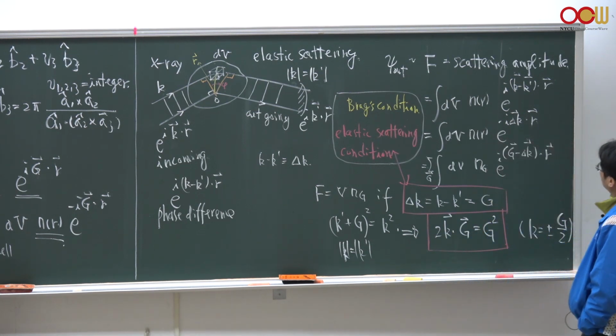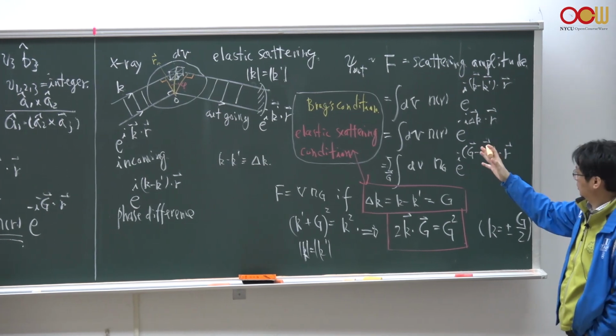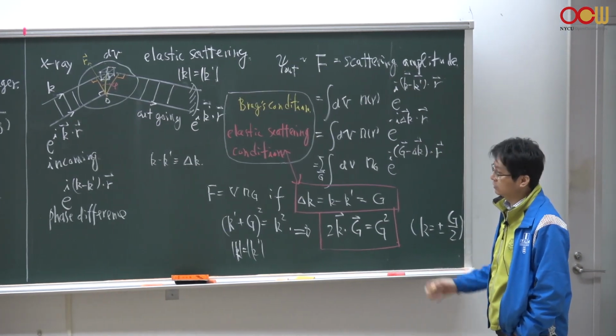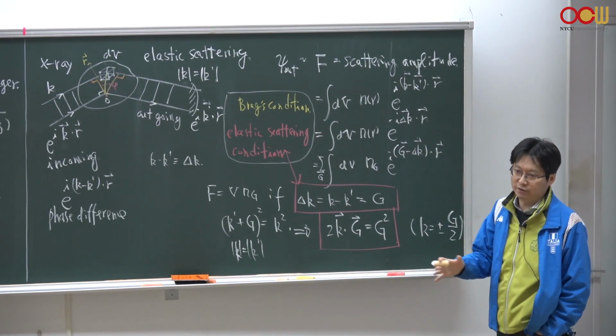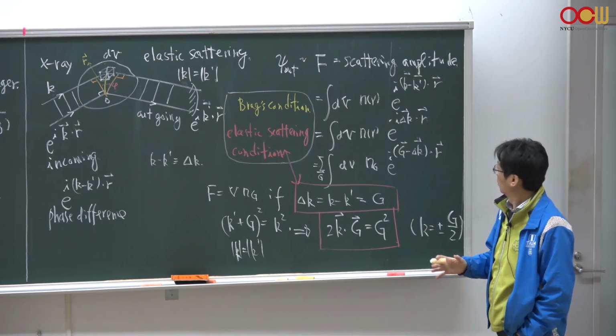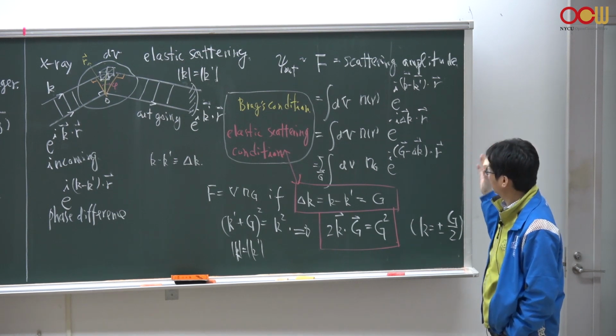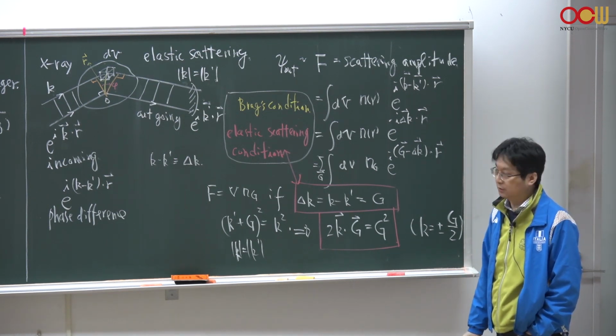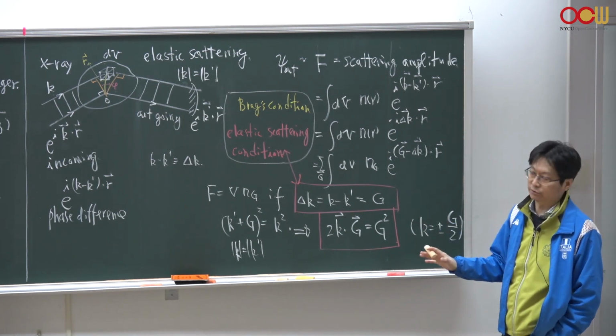So you could use a detector to collect all these outgoing particles and measure the scattering amplitude, and the square of the scattering amplitude represents the probability of this scattering event to occur.